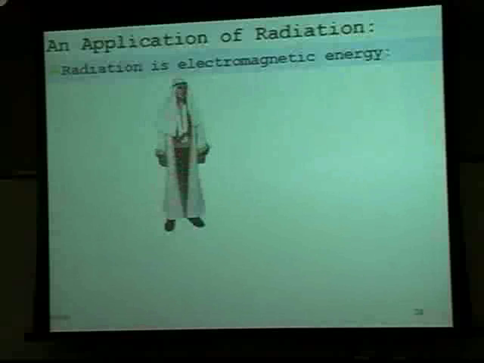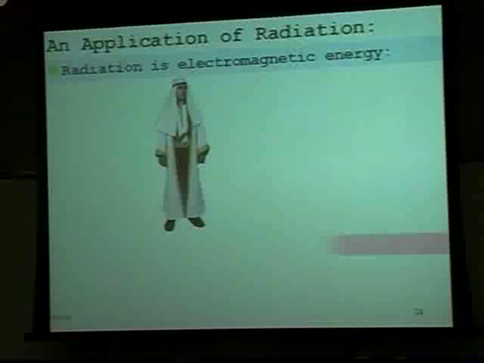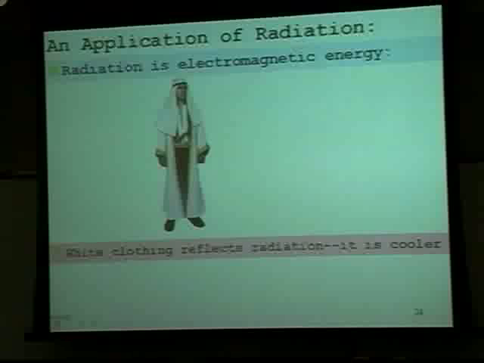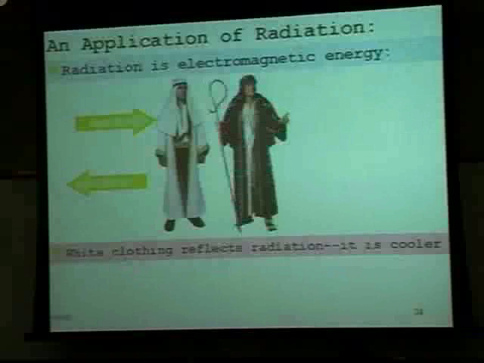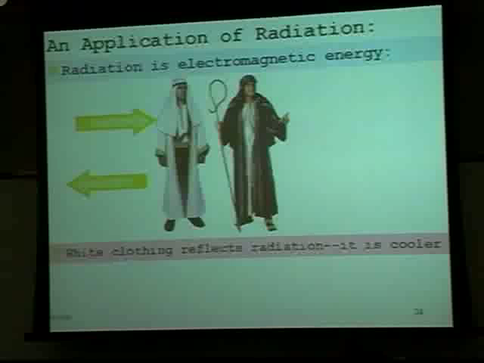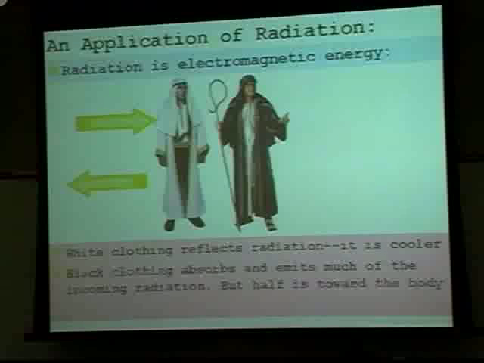Application of radiation. Here's an example. With radiation of electromagnetic energy, white clothing reflects radiation better. So if radiation were coming in, it tends to reflect it and not absorb it as much, keeping you cool. But you would find that a lot of people in, say, Middle Eastern areas might even wear black clothing. What might happen here is that black clothing would absorb better and would also emit better.